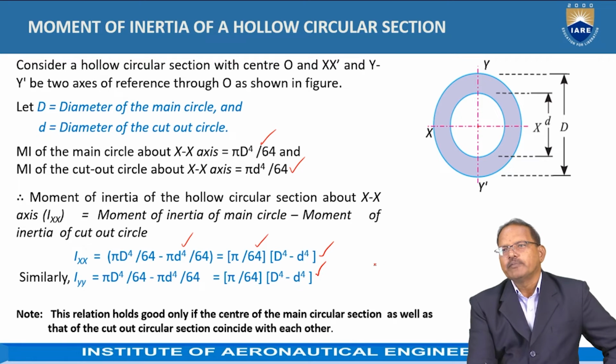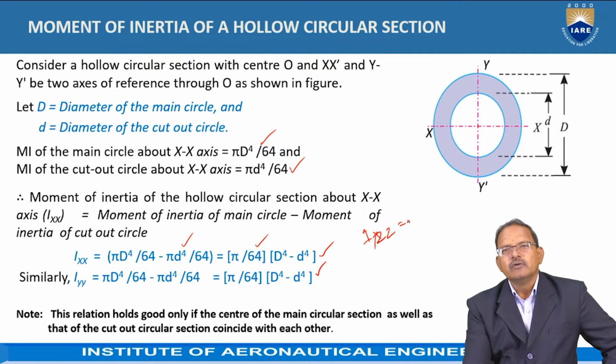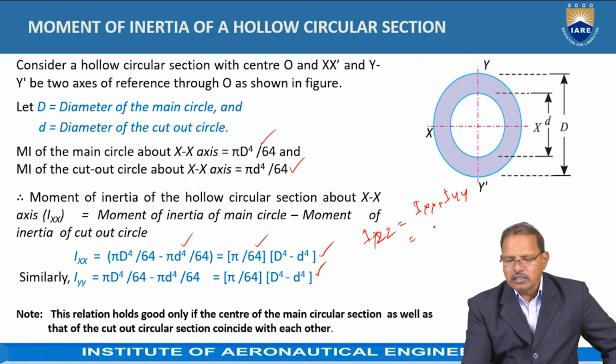The moment of inertia possessed by this hollow circular section about the z-axis is I_z, which is equal to I_x plus I_y. Since I_x is equal to I_y, it can be written as 2I_x now.